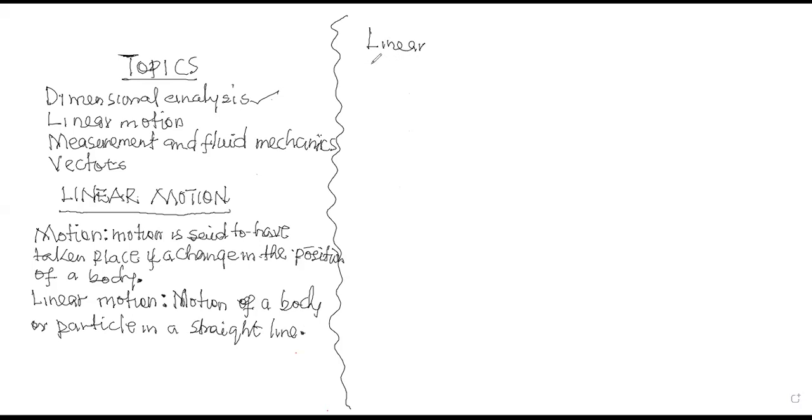We also have the motion of a body in a circular path, circular motion. We also have the motion of a body along a fixed point, the repeated up and down or to and fro motion of a body along a fixed point, which is simple or oscillatory motion.